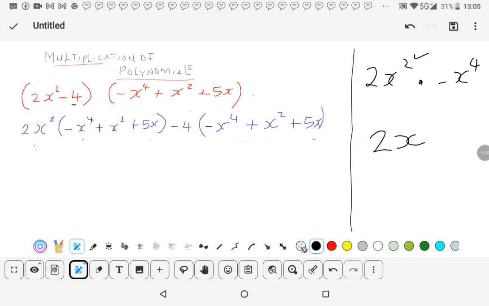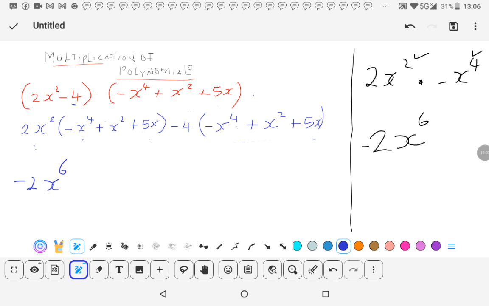Here we have the power of 2 and here we have the power of 4. So by the time you add them, you have the power of 6. If you multiply it, you take note of the negative sign. So here we are going to have minus 2x raised to the power of 6.